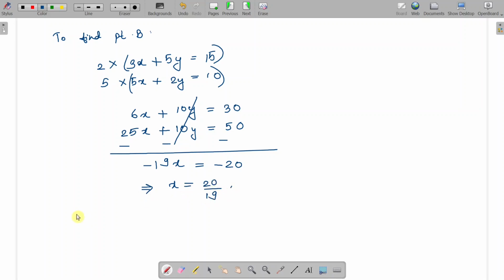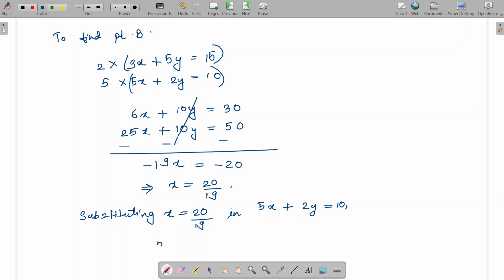Now let us substitute x in the second equation to find y, right? Substituting x equal to 20 by 19 in 5x plus 2y equal to 10.